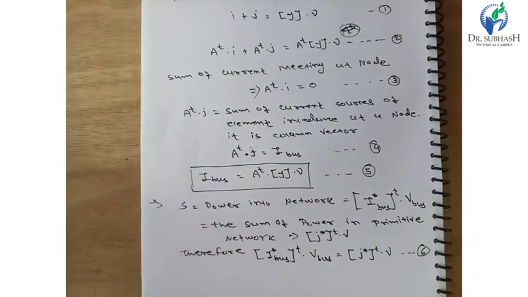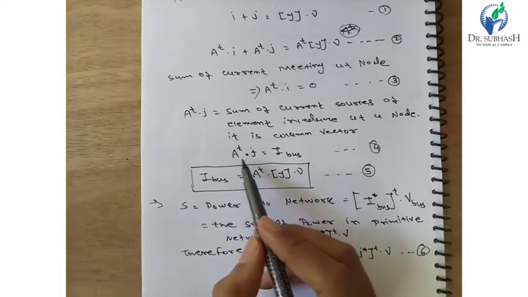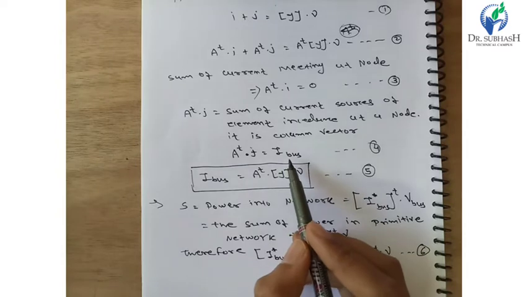Now the next stage is taking the conjugate transpose of equation number 4. Here equation number 4 is A^T J is equal to I bus.